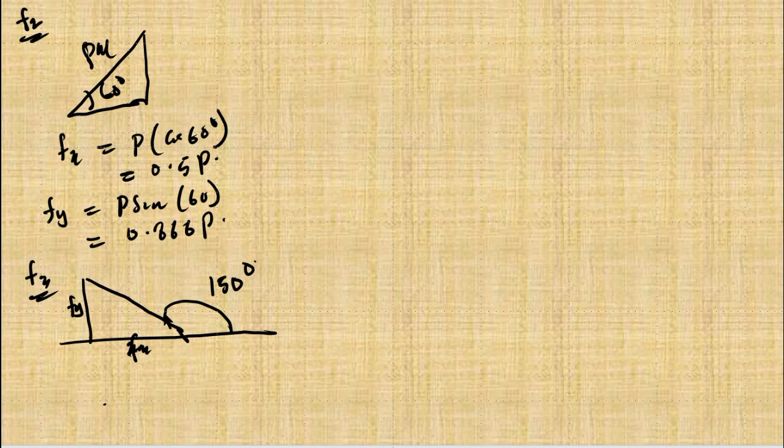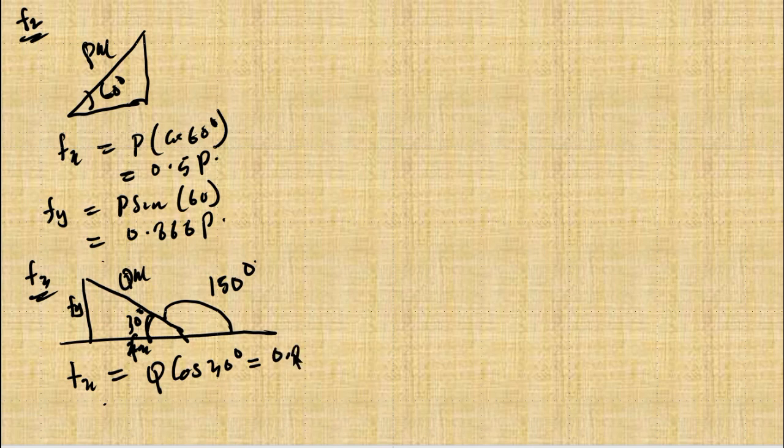Now, if this angle here is 150 degrees, the remaining part inside the triangle here will obviously be 30 degrees. And this is Q Newton. So f of x here will be the same thing as Q cos 30 degrees. And cos 30 degrees is the same thing as sine 60, which is 0.866.